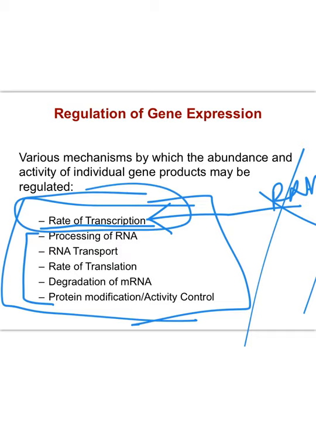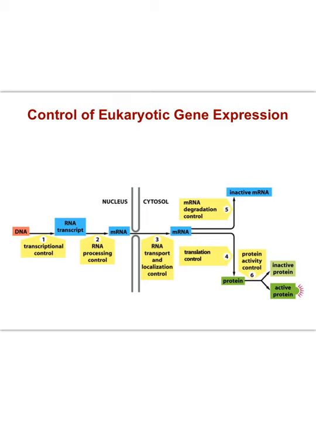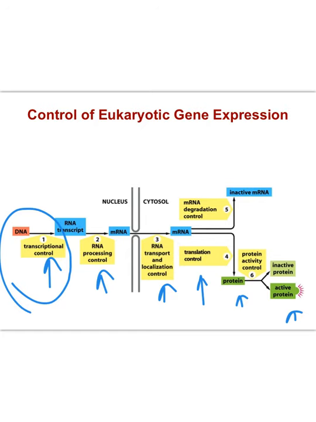But this guy's the big one. And again, it's just which genes are on and which genes are off. This is showing you all the different controls in a little flowchart. But again, that's the big guy.